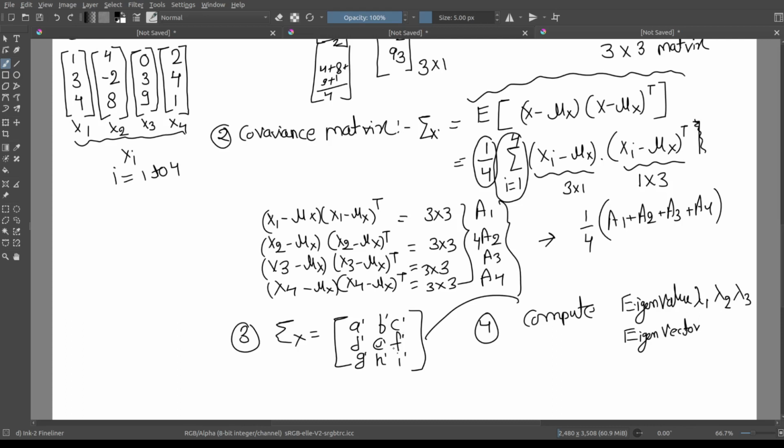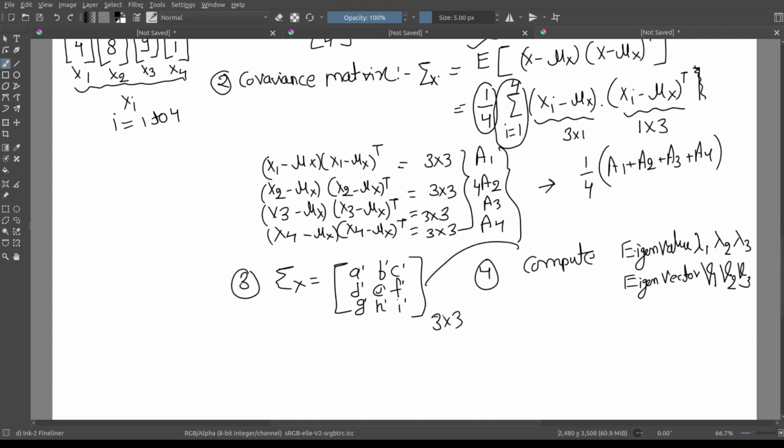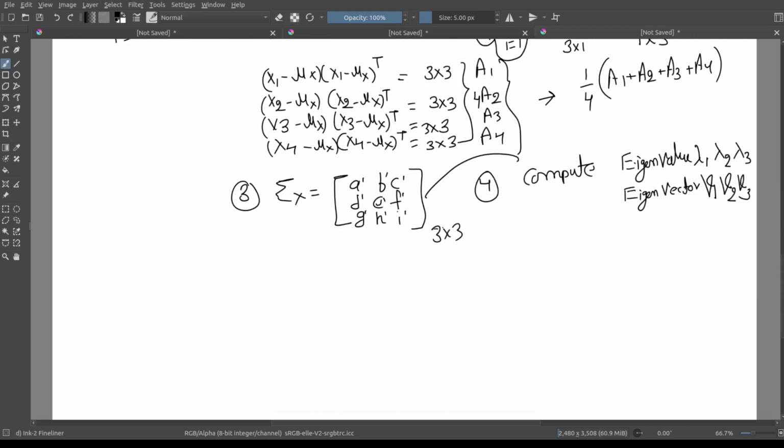Obviously you will get 3 eigenvalues, because it is a 3 cross 3 matrix. Correspondingly, for lambda 1 you will get an eigenvector, let's say v1. For lambda 2 you will get v2, and for lambda 3 you will get v3. Okay, so you obtained this. Now carefully notice that the eigenvalues and eigenvectors are computed from the covariance matrix.